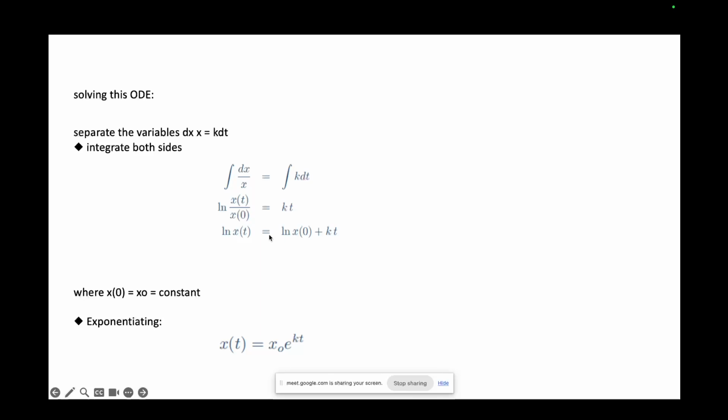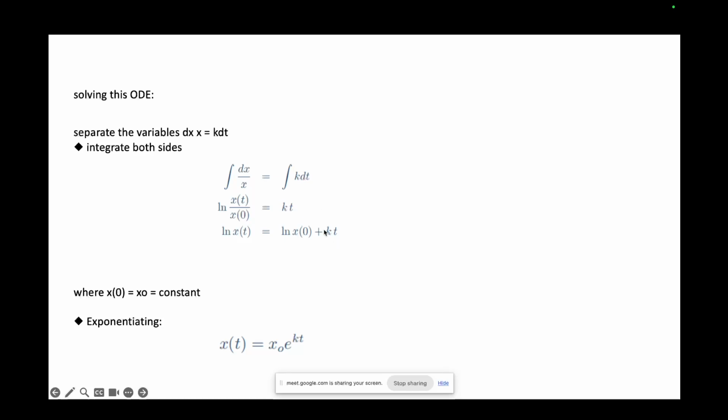Then you can integrate directly with certain limits. The limit goes from x naught to xt, and on the other side from 0 to t, right? Integrating dx/x brings up log x, and the right side is a simple kt. If you simplify, this becomes log of xt equal to log of x naught plus kt.